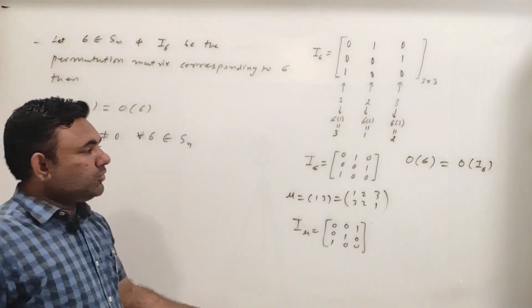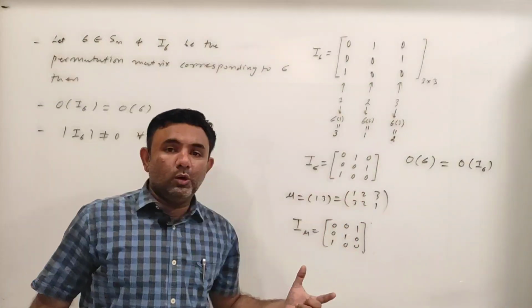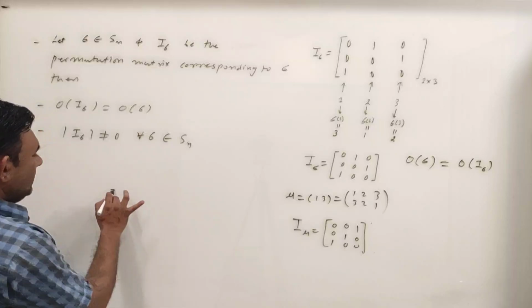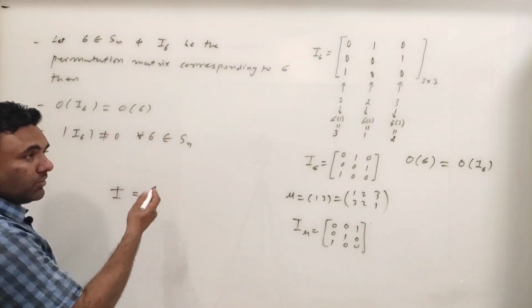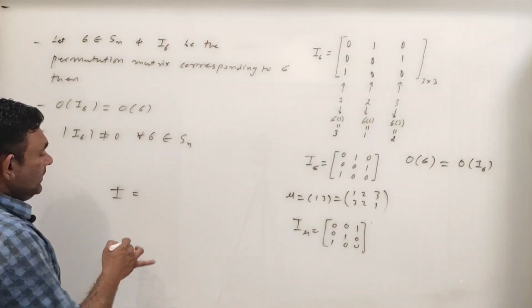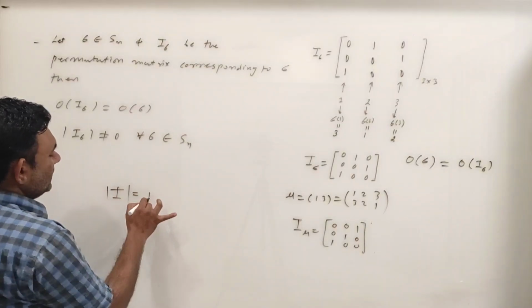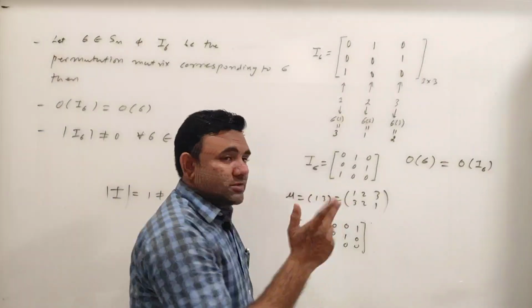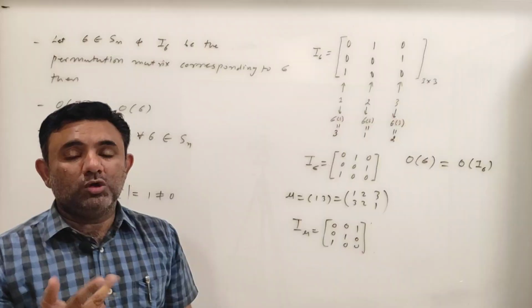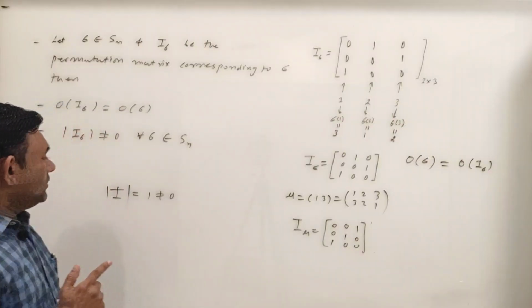इसका जो डिटरमिनेंट आपको मिलेगा it will be non-zero. Why? Because the determinant of I is what? Identity matrix of order n by n or whatever you are discussing here. So its determinant is 1, it is non-zero. Now you are just interchanging the columns, right?